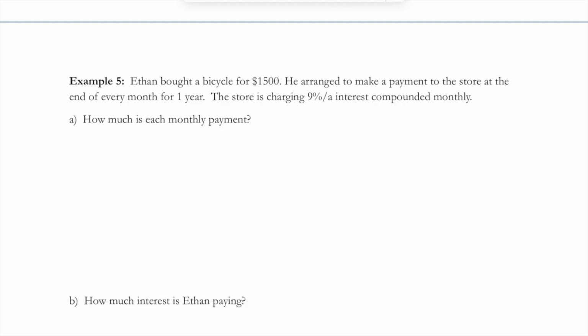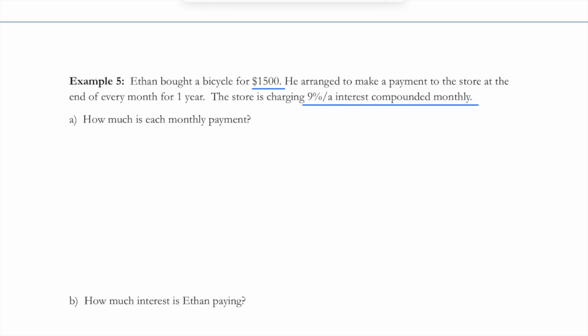each monthly payment? Okay, so let's look at what we need here. So we see 1,500. So that's the total amount for the bike. Okay, and he's paying for it at the end of the month for every month for 1 year. So let's do an adjustment.